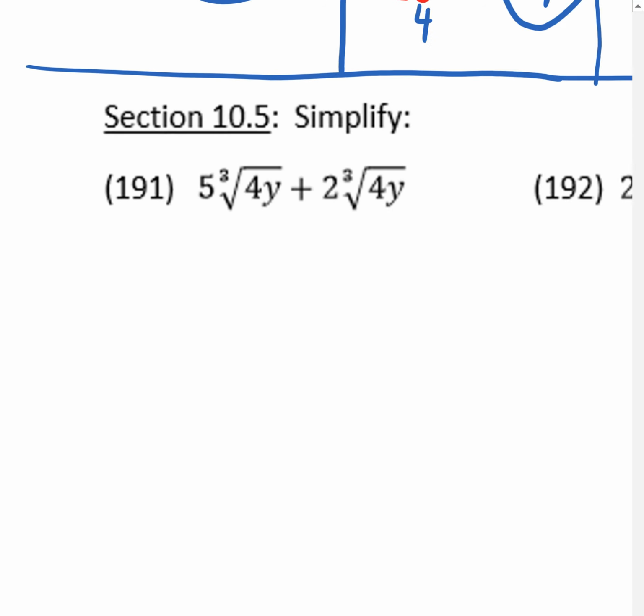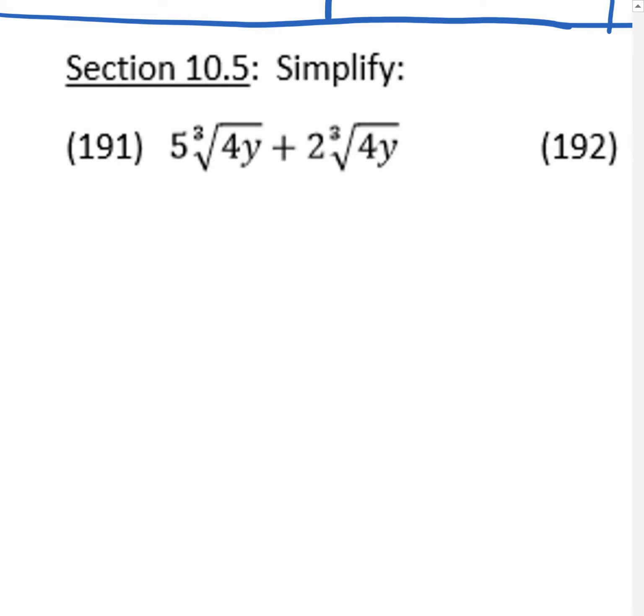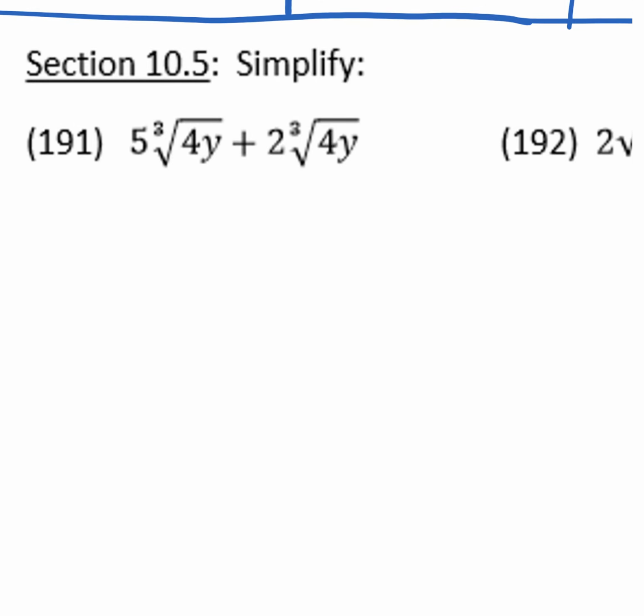Let's see. These ones I think are actually easier somehow. Adding and subtracting roots. Let's see. We got 5 cube root of 4y plus 2 cube root of 4y.